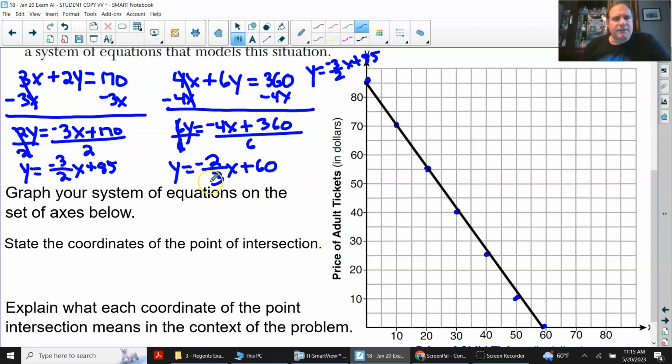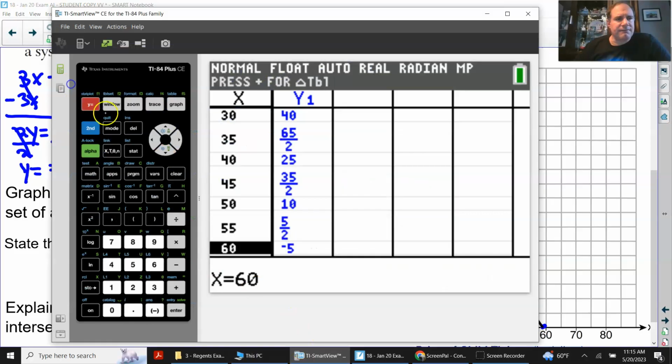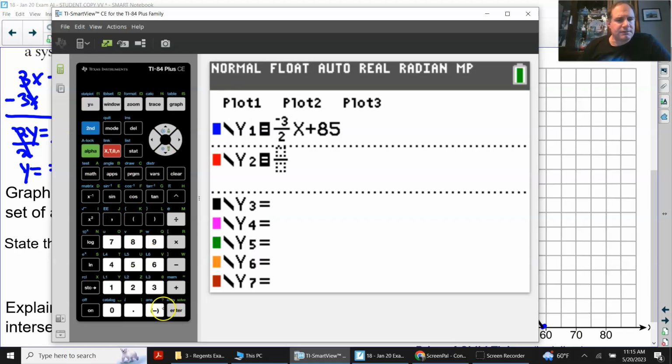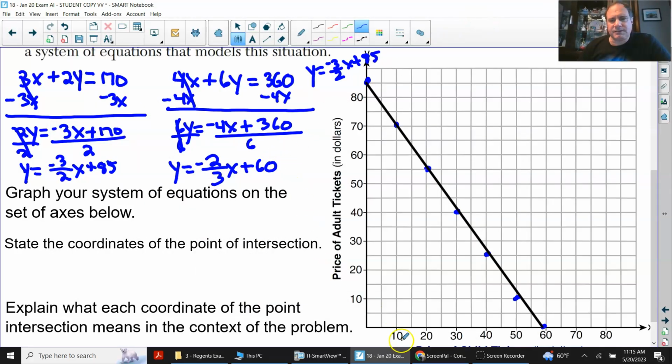And then we have this one. So I'm going to go back to my calculator. Y equals -2 over 3x, Alpha x, -2 over 3x. I'm just going to check to see plus 60.